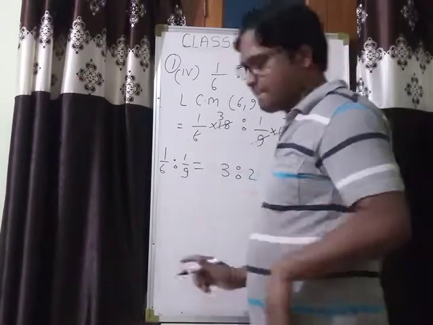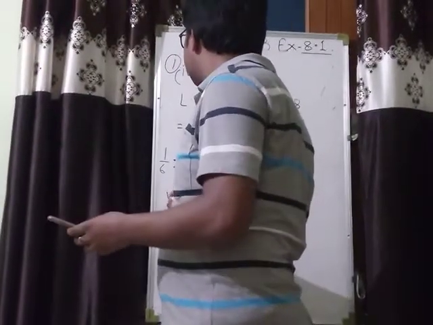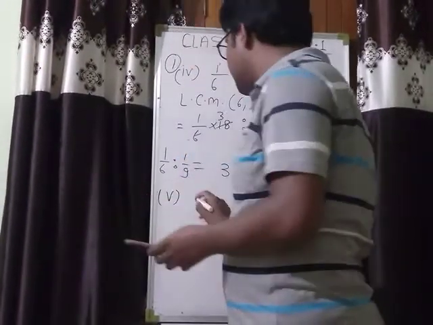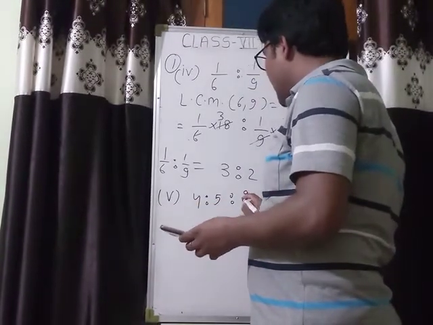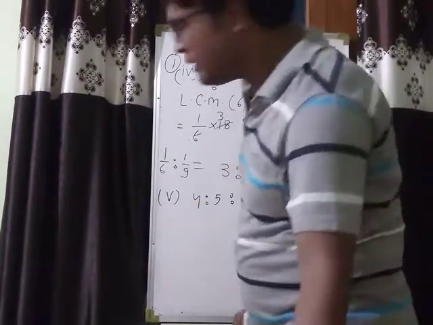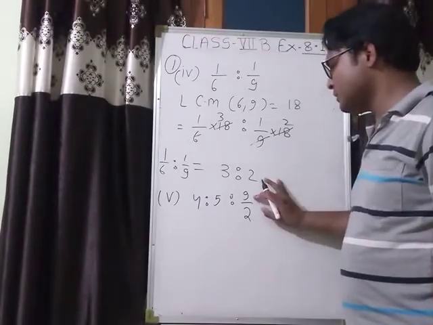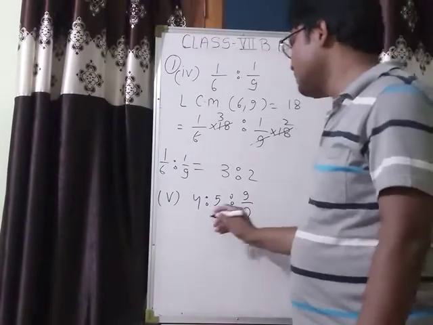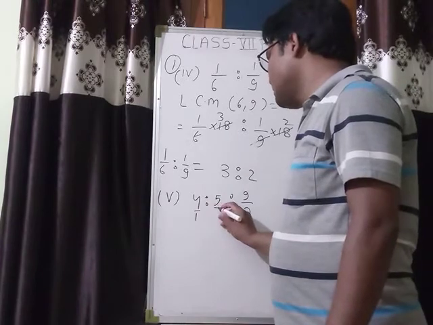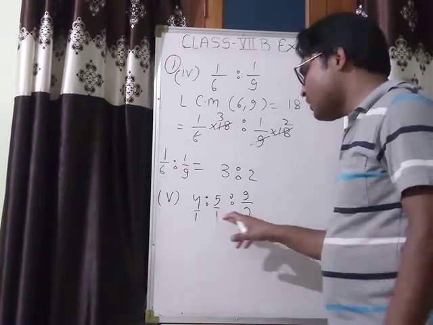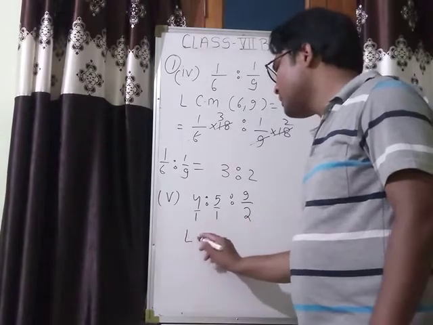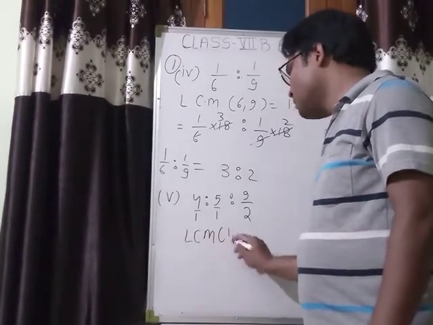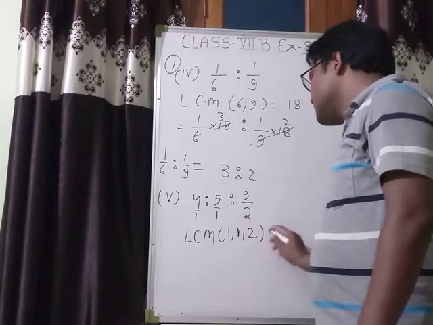Now question number fifth part. Find the simplest form of 4 is to 5 is to 9 upon 2. Okay, see again here this is given in ratio form. That can be written as 4 by 1, 5 by 1, 9 by 2. So first of all we have to find the LCM of 1, 1 and 2. We know that the LCM of 1, 1 and 2 is 2.